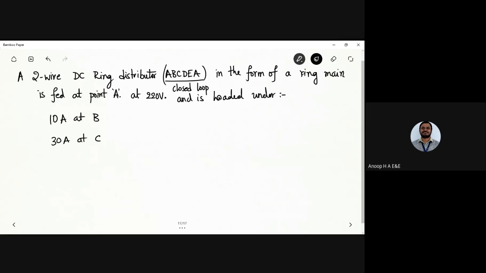Sorry, it is 20 ampere at C, and 30 ampere at D. Okay, 30 ampere at D, and 10 ampere at, what is the left out one, that is E.